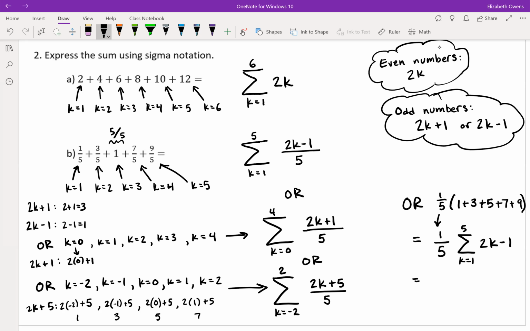Or you could do your k equals -2 to 2 and put in your 2k plus 5. So there are a lot of different options here for how we could express that second example. It's kind of crazy how many options there are. So pretty interesting.